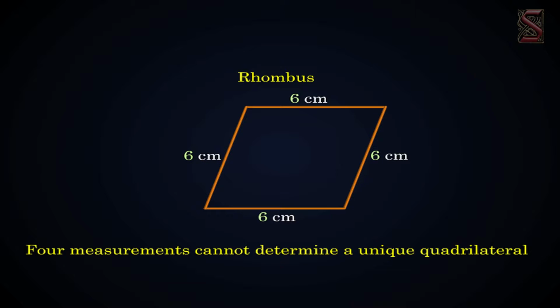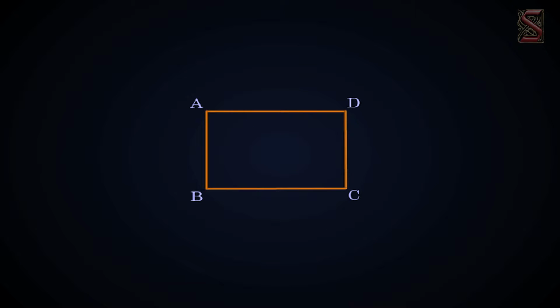Now let us see if 5 measurements can determine a figure uniquely. You have constructed a rectangle A, B, C, D with 2 pair of sticks, each of length 10 centimeters, and other 2 sticks, each of length 8 centimeters. Now introduce another stick of length equal to BD and place it along BD.